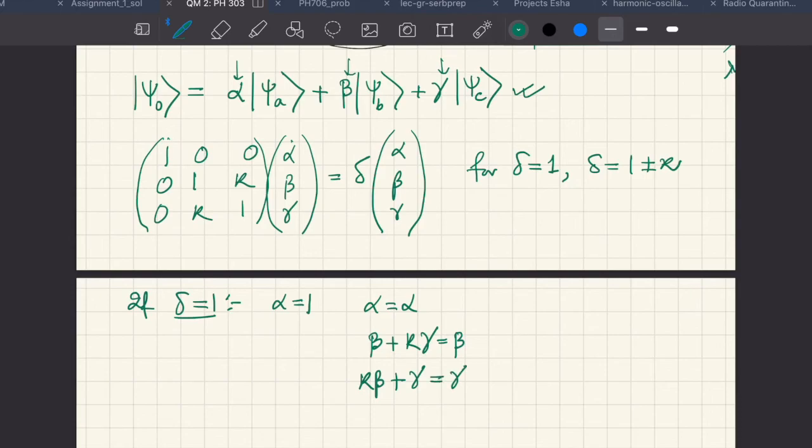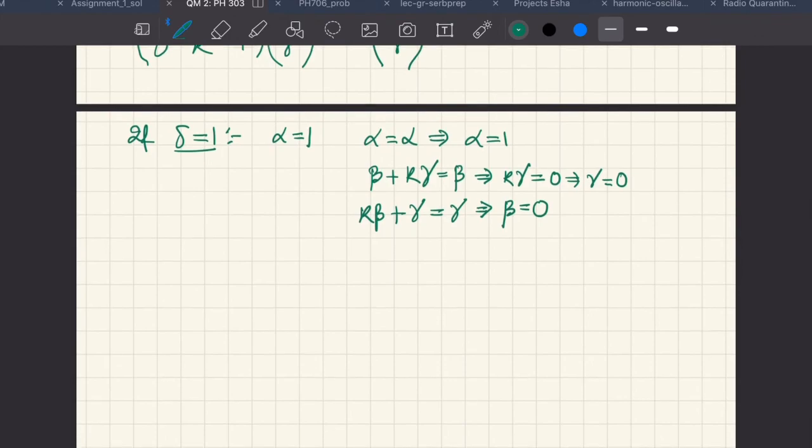So this immediately implies beta equal to 0. This implies kappa gamma equal to 0. That means gamma equal to 0. And this implies alpha equal to 1.